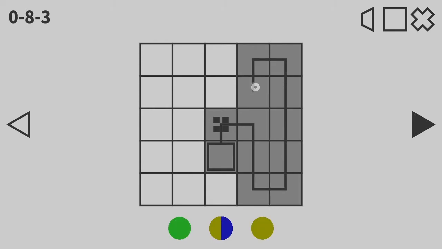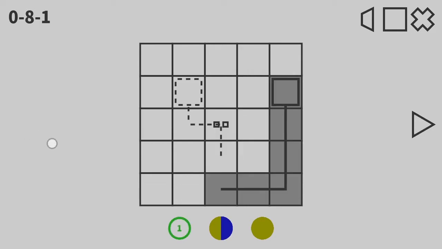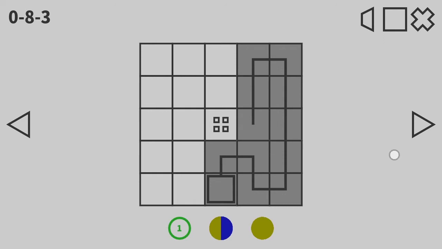What am I doing with this? What's unchanging there?